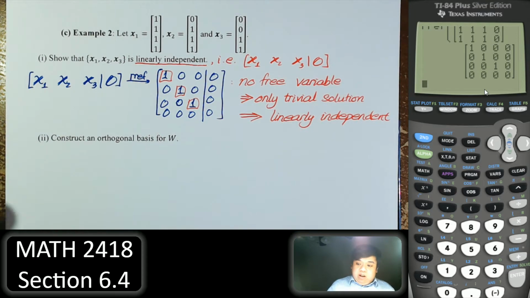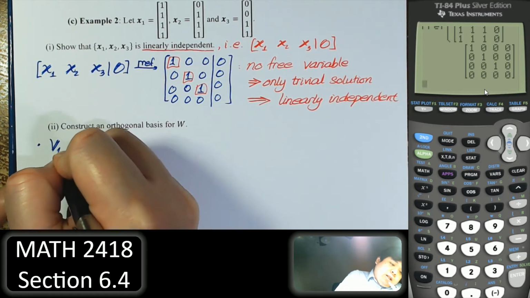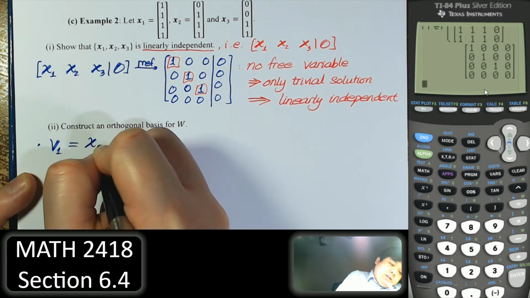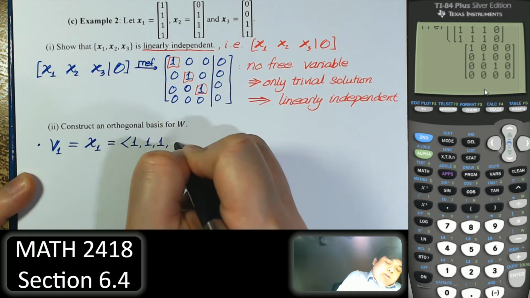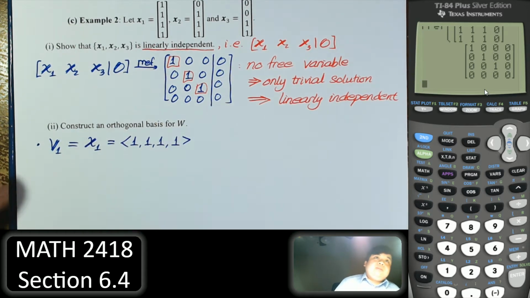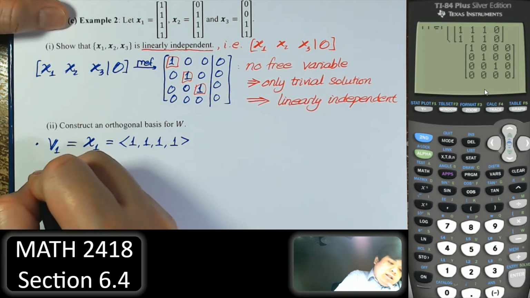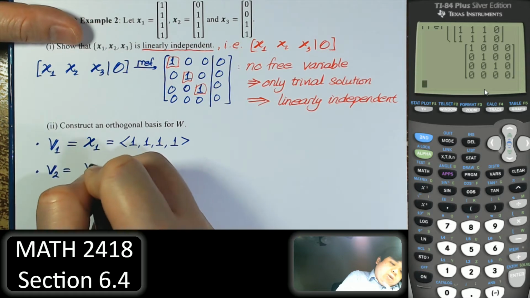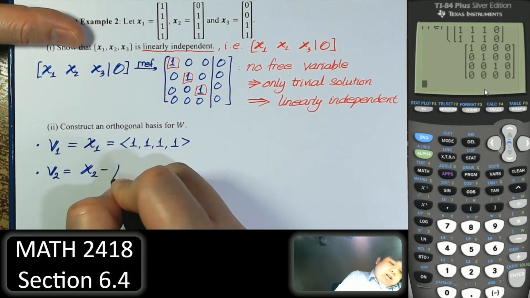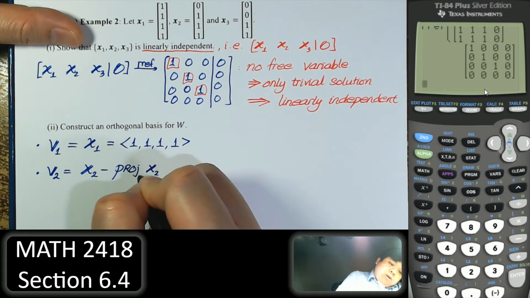So that is the Gram-Schmidt process. First, v1 is equal to x1. Once again, I'm going to write this in vector form. Next, to get v2, it's going to be x2 subtract the projection of x2 onto v1.